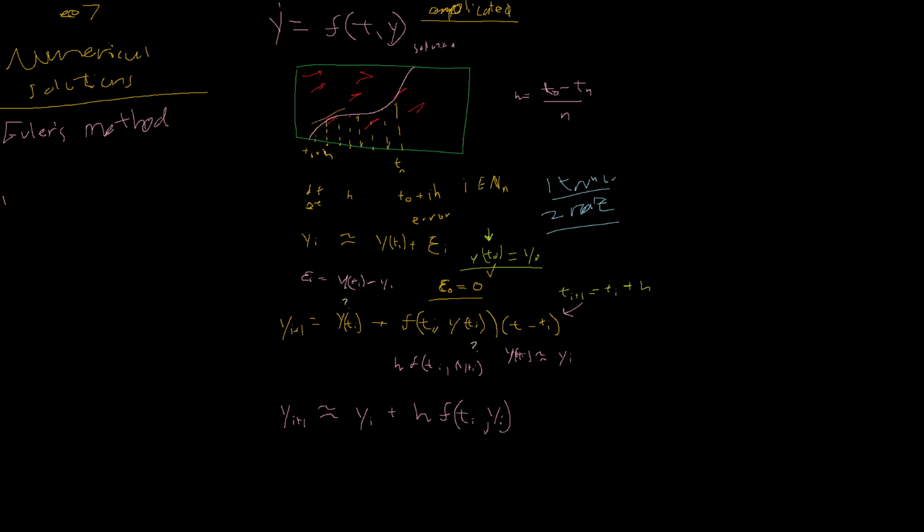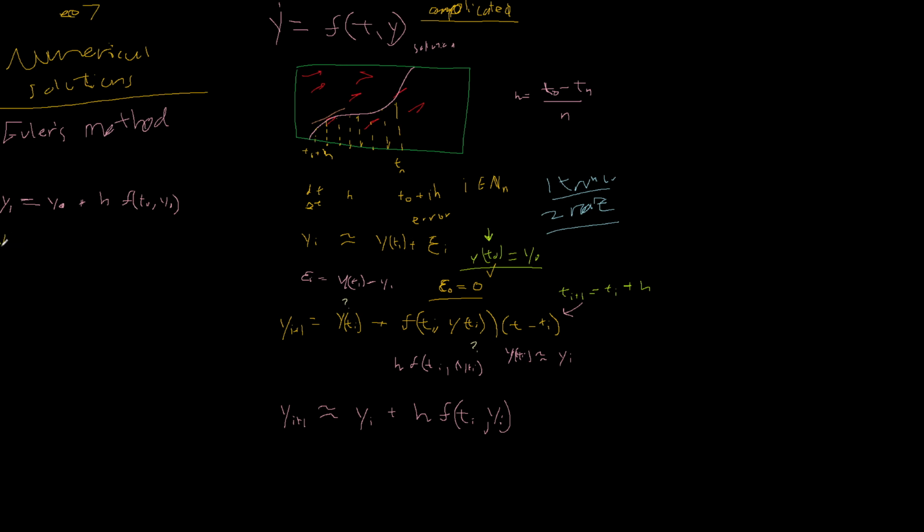That's going to be our approximation. So what does that look like? y1 is equal to y0 plus h times f(t0, y0). And this is going to be more or less exact, since we know what y0 is.